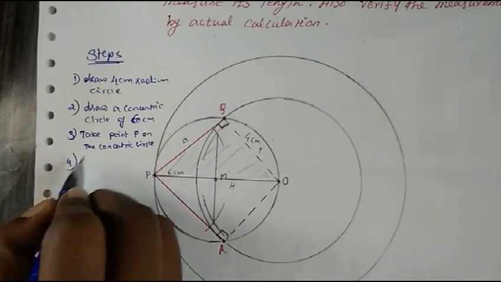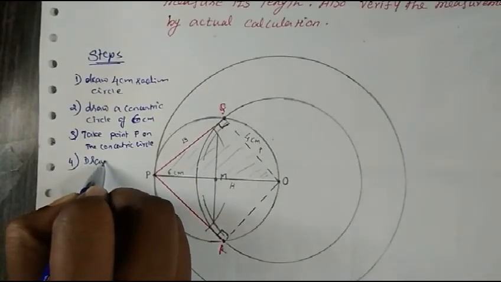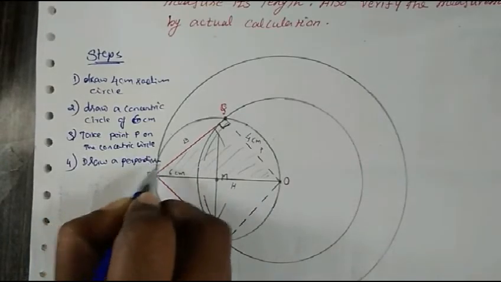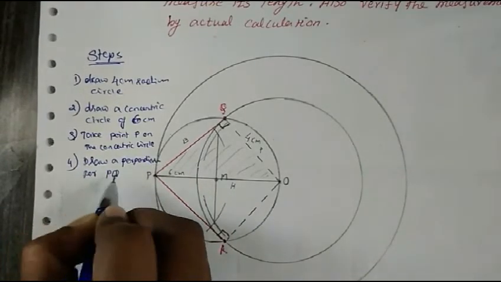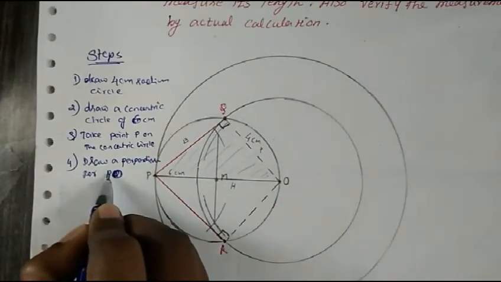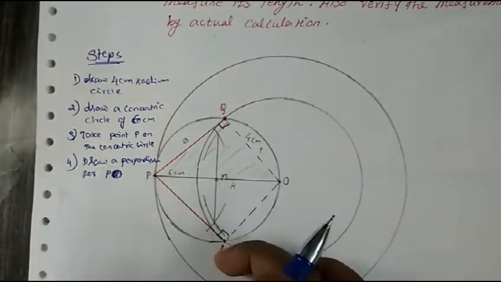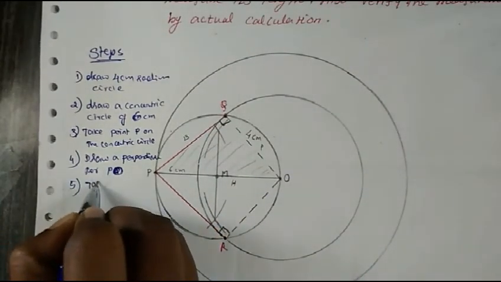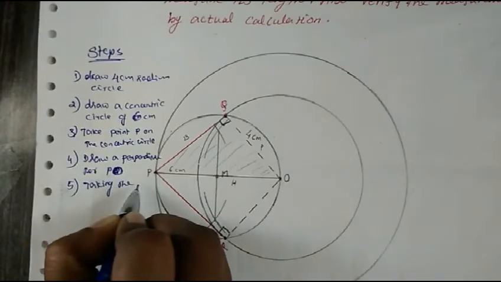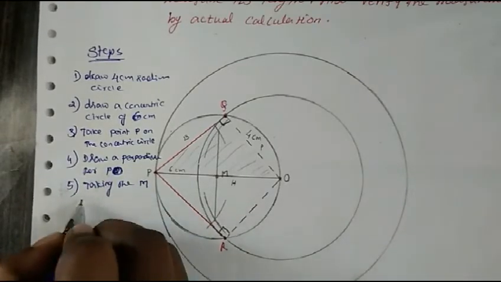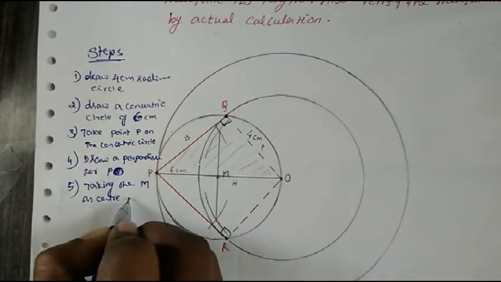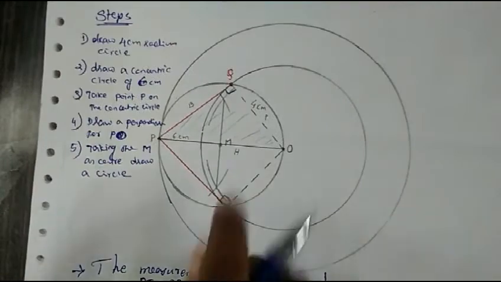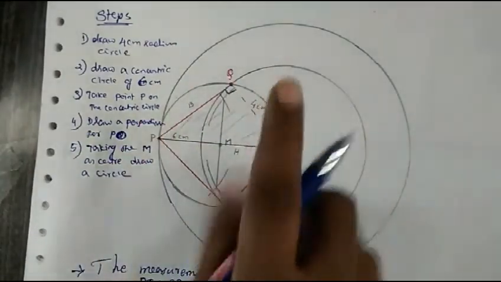So draw a perpendicular for PQ. Oh, sorry, PO. For PO we drew the perpendicular line, and then taking the midpoint, that is M, as center, draw a circle. Keeping this as a center, we drew another circle.